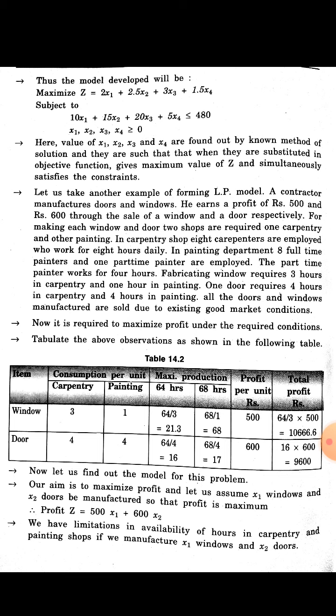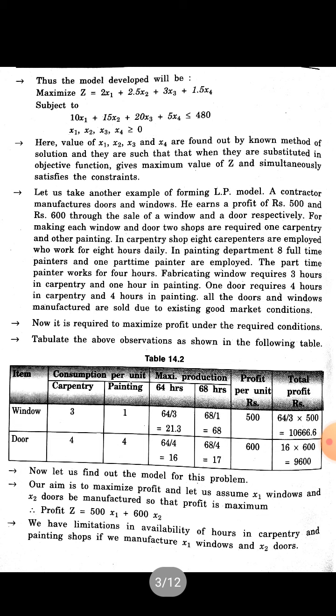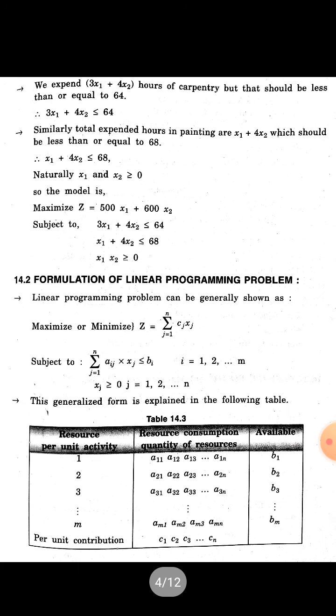We manufacture x1 windows and x2 doors. So 3x1 plus 4x2, where 3 and 4 are already seen in column number 2, the carpentry time, 3 hours for a window and 4 hours for a door. This is the carpentry capacity, which must be less than or equal to 64 hours. So 3x1 plus 4x2 is less than or equal to 64.